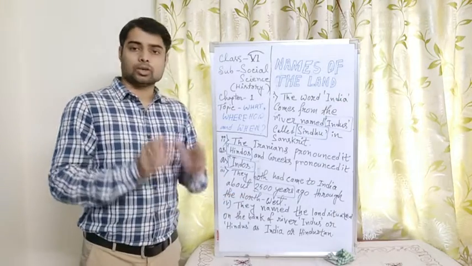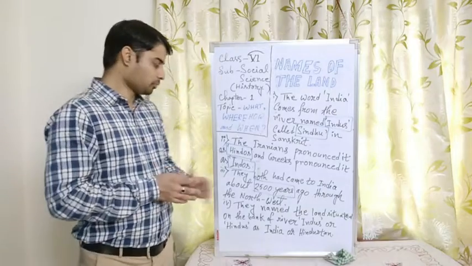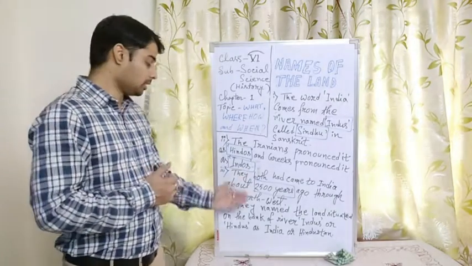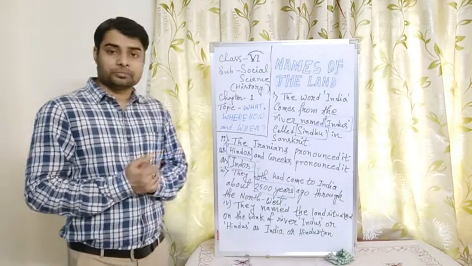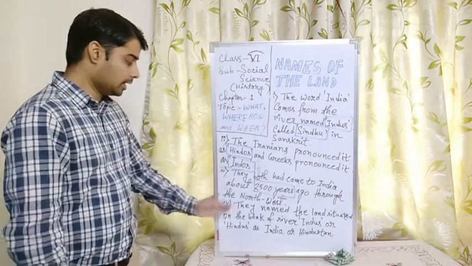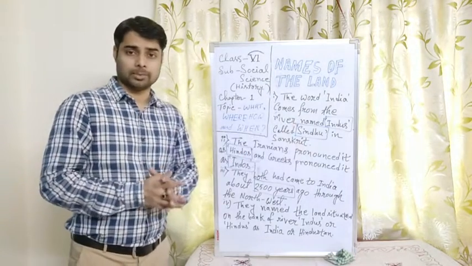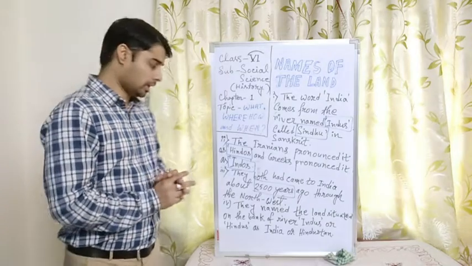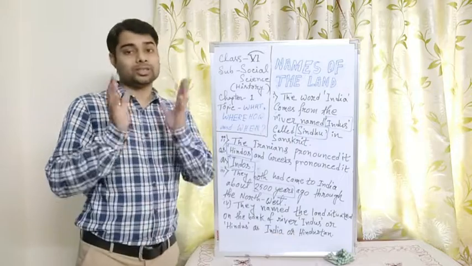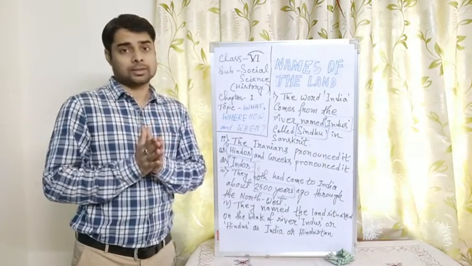When they first arrived at the bank of the river Sindhu, Indus or Hindus, they named the land situated just beside the river as India or Hindustan. So this is the story of how our country was named India.